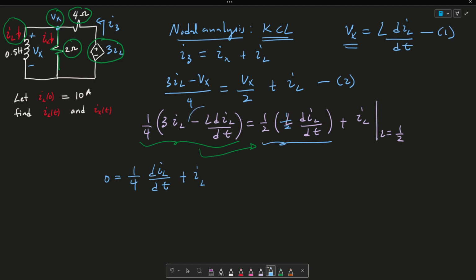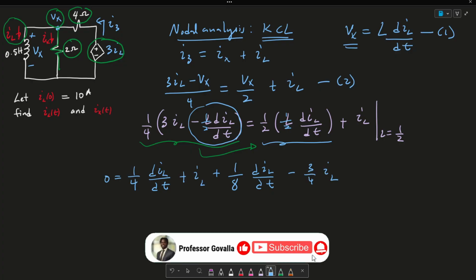This term here is going to be positive, so plus 1 over 8 because it's 1/2 times 1/4. This is diL/dt. And then this is going to be minus 3 over 4 iL.